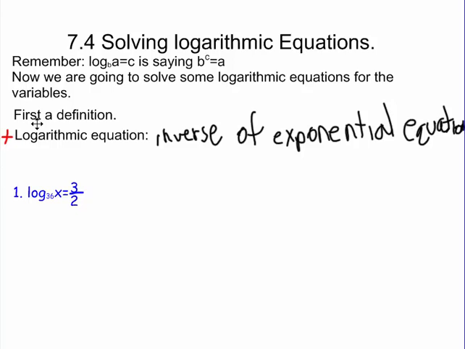And more importantly, it has a variable in the log. Just like an exponential equation has a variable in the exponent, a logarithmic equation has a variable in the log.